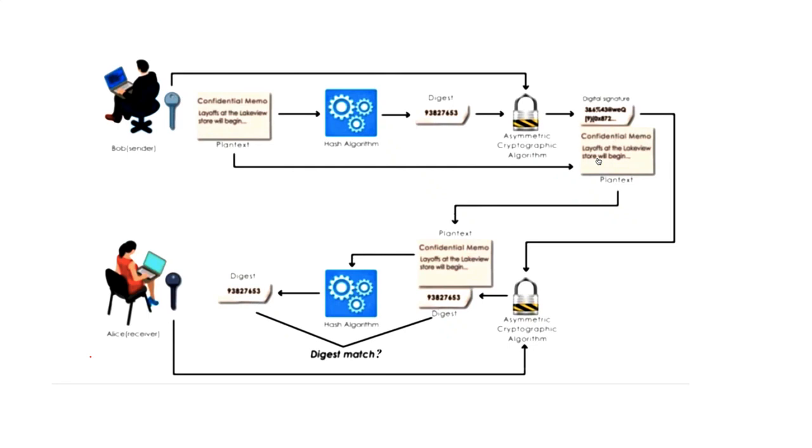If this plain text is altered, then the digital signature you are receiving, that digest value, will be changed, right? So when the digest value is changed and decrypted, this digest value won't match. Won't match means somebody has changed it.